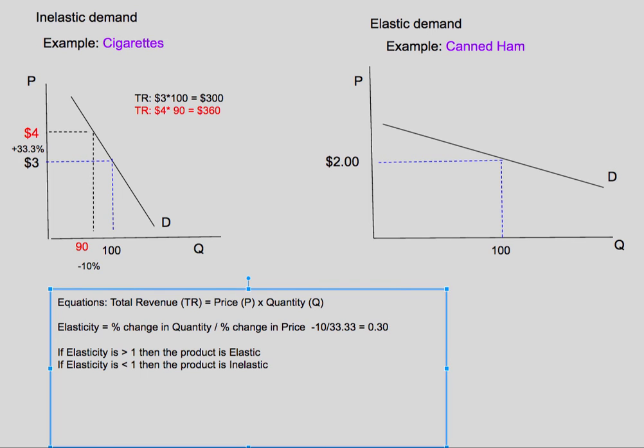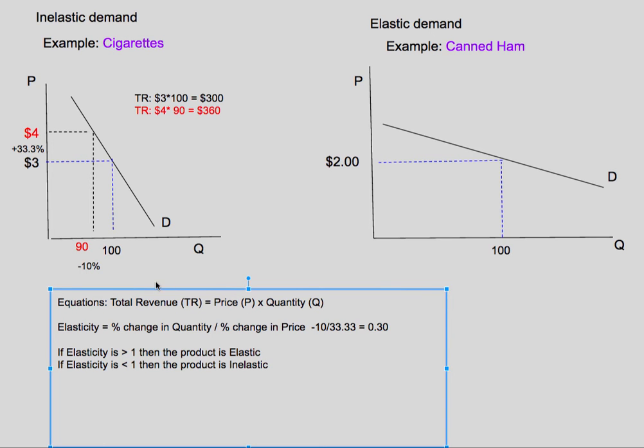Now you see that there's a negative here, so technically it's negative, but when we do calculations here, we make it the absolute value, and so therefore the elasticity here is measured as 0.30, which is stating that when the elasticity is less than 1, then the product is inelastic. So this calculation is showing an inelastic demand.